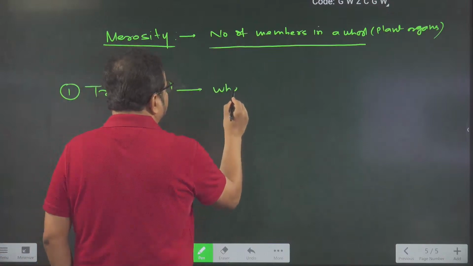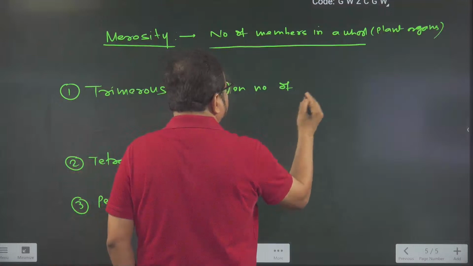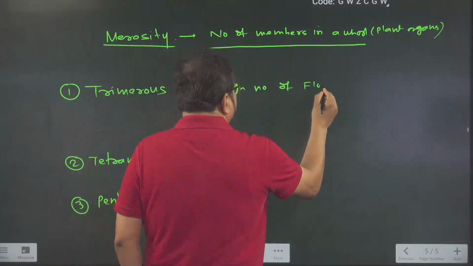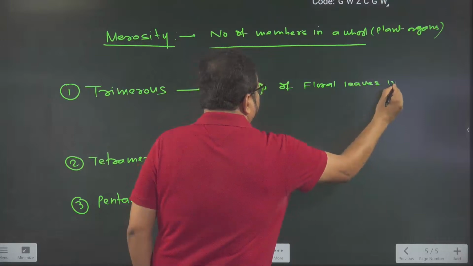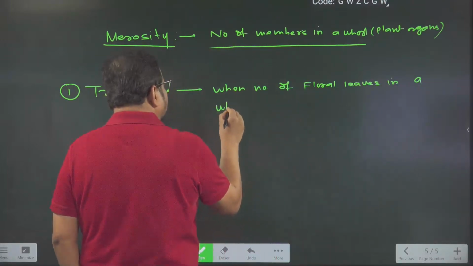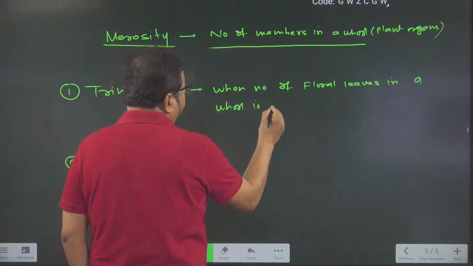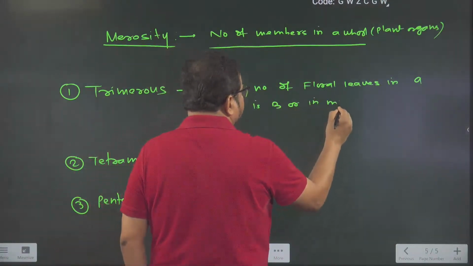When the number of floral leaves in a whorl is 3 or in multiples of 3.